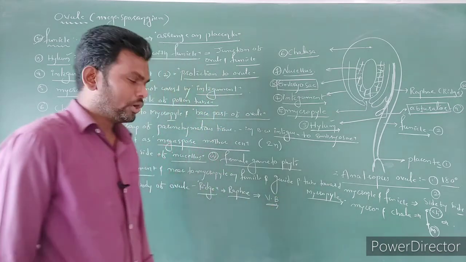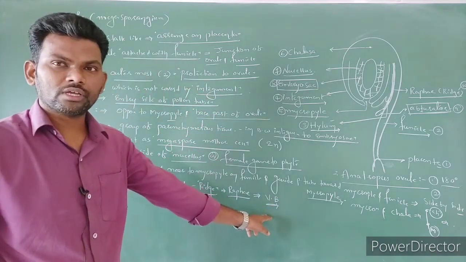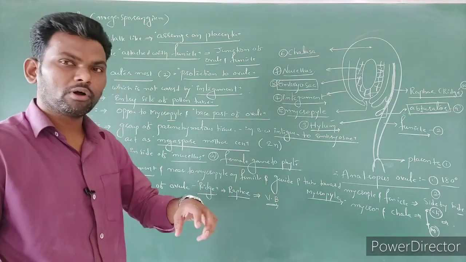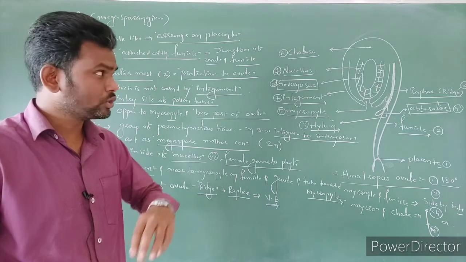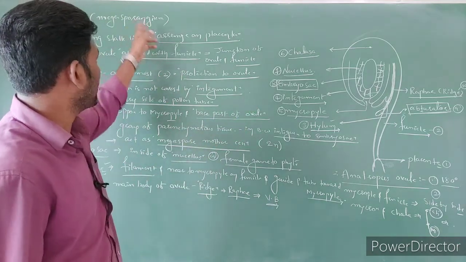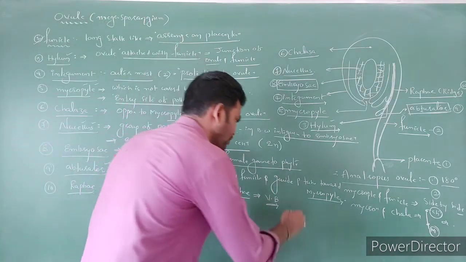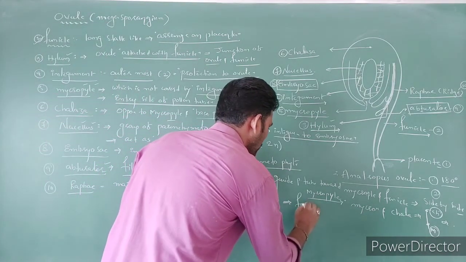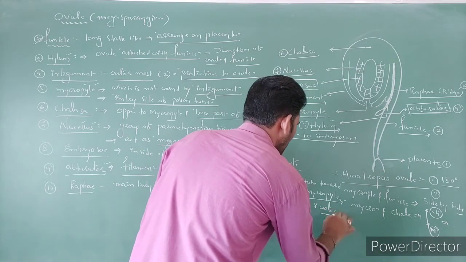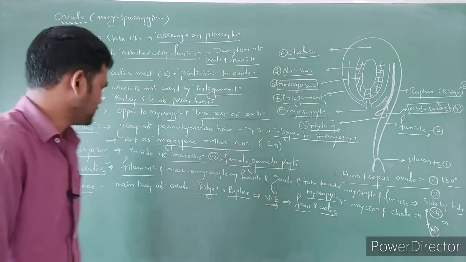Due to the presence of the vascular bundle, it is involved in the transport of water molecules as well as food molecules. It means food and water are supplied through the raphe to the ovule, to the megasporangium.